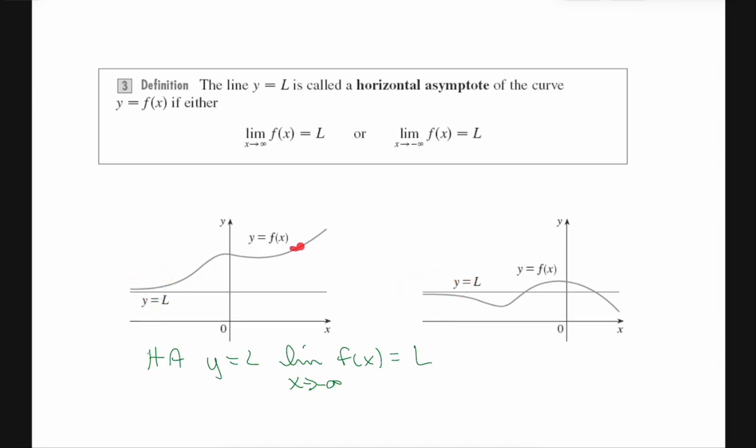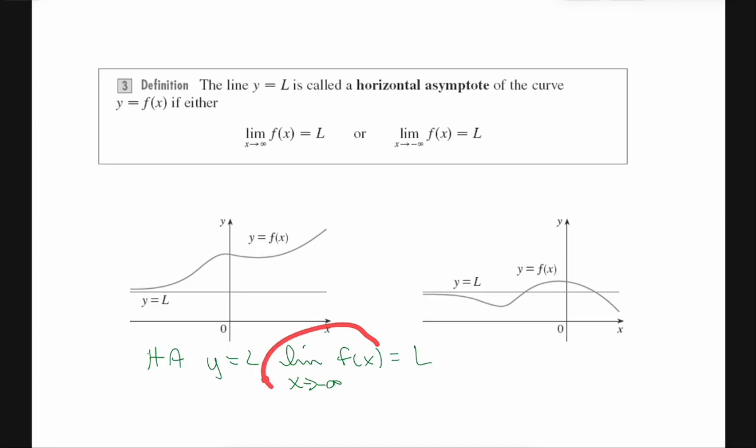You might notice that this right end goes up and this right end goes down. So the ends don't have to match. Then it becomes is one end doing one thing and the other end doing something else.